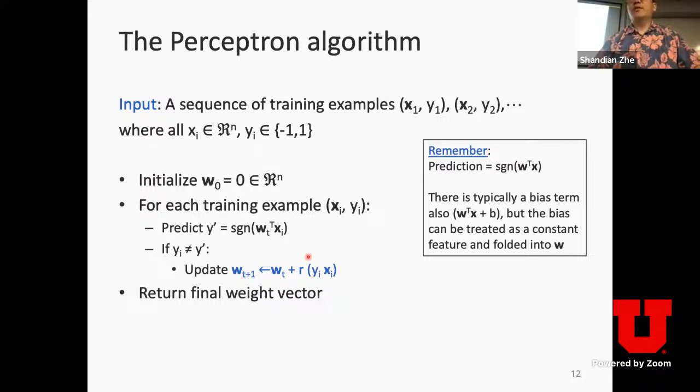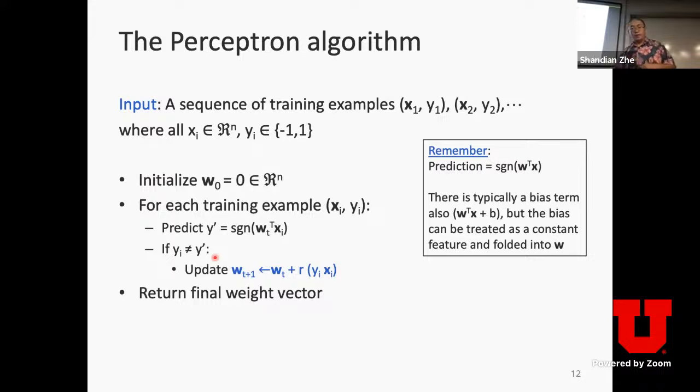Even this one? No, because right now we didn't try to give any loss function on this. We just give you the updating rule. It's a heuristic rule. We're going to discuss why it works from an intuitive way, and later we'll justify this is indeed a kind of gradient descent, but it's not gradient, it's called sub-gradient descent.